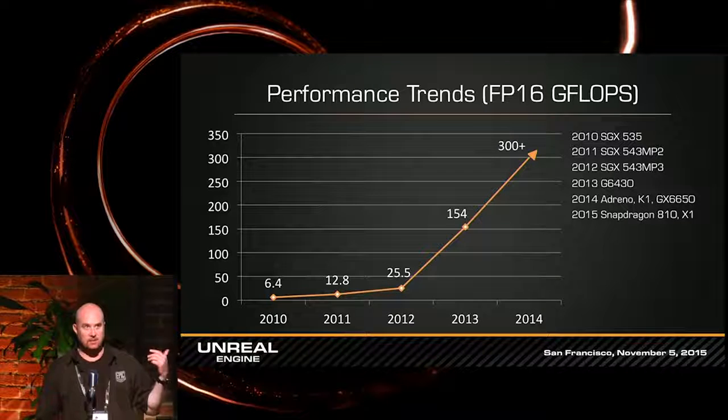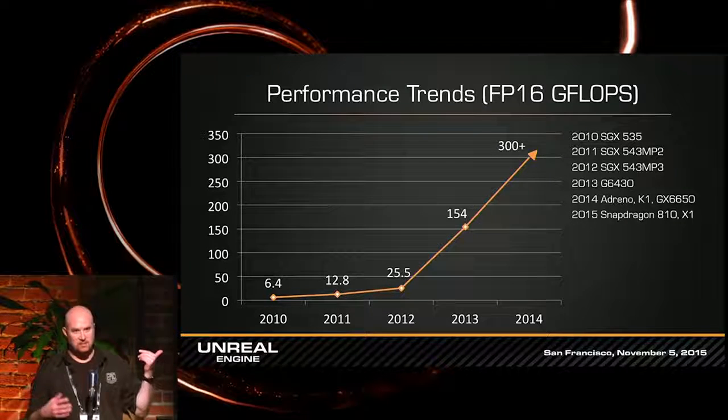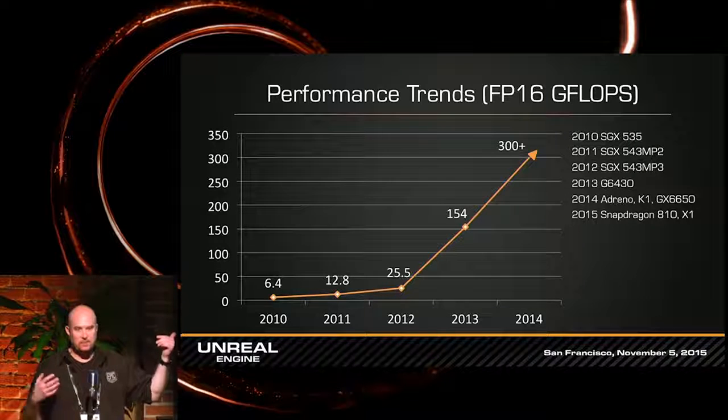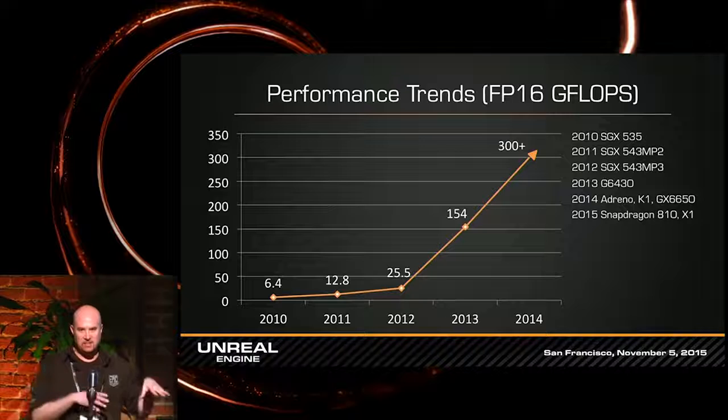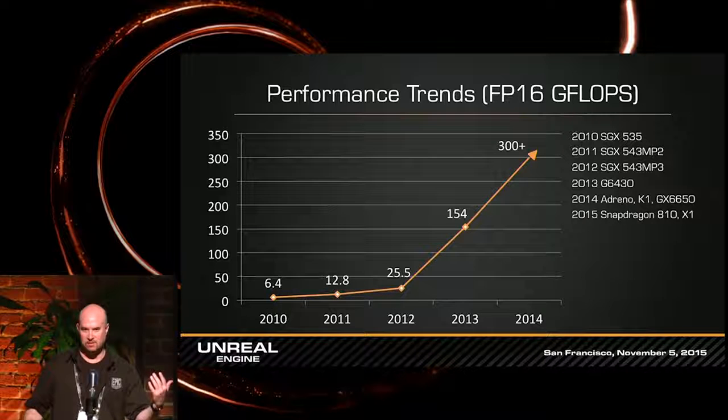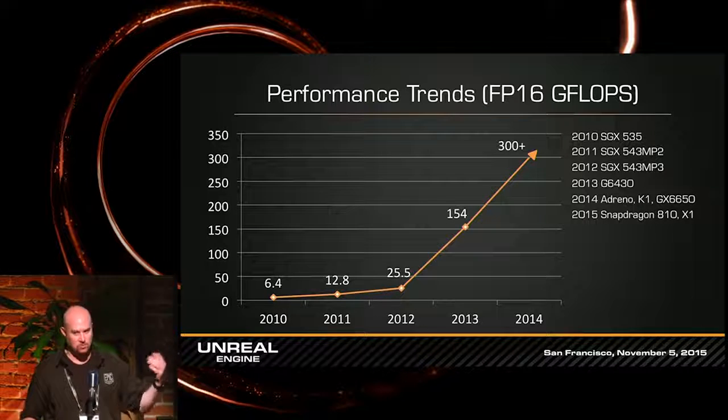By the way, on the NVIDIA side, just another fun thing, you have the K1 from last year. NVIDIA's desktop GPU families are named like Kepler, like K1, and Maxwell, like X1.